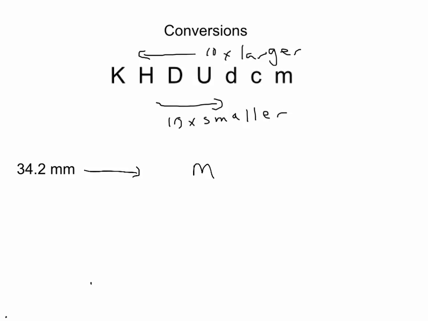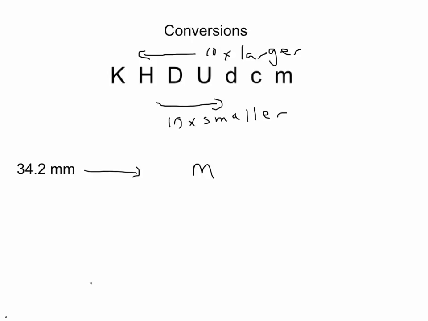So what do I do? Well, I'm going to go back to my chart, and I see that I'm starting with millimeters. So I find the letter that corresponds to millimeters. So here is M for millimeters. Now let's see how many places I would have to move to get to meters. Now remember, meters is my unit. So I go millimeters, I move 1, 2, 3 places to the left.